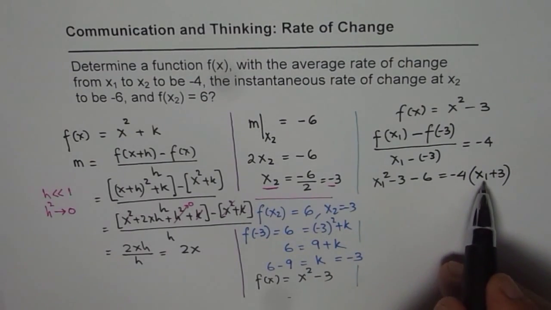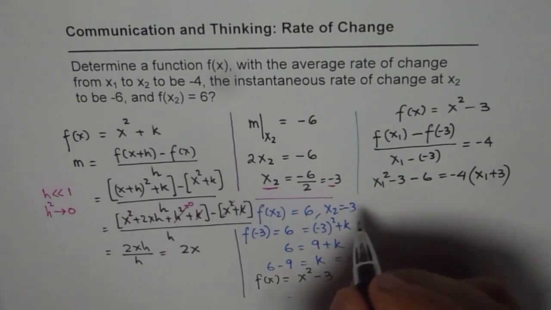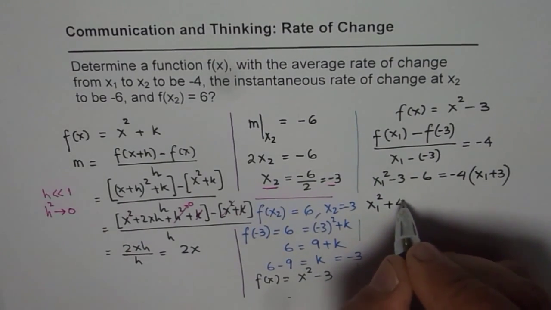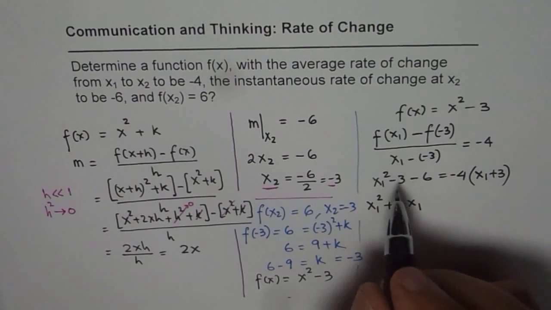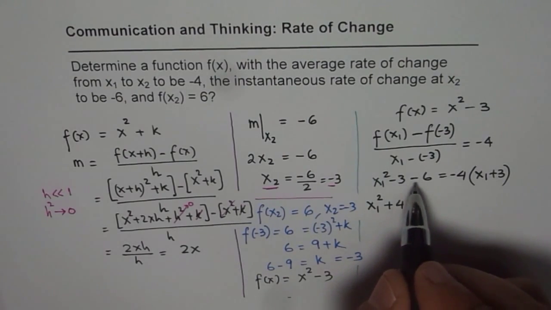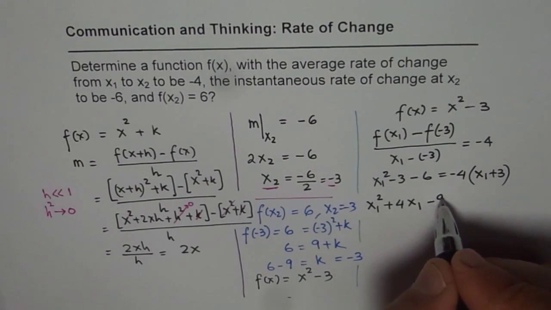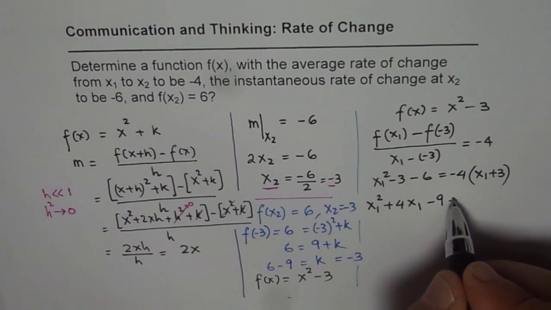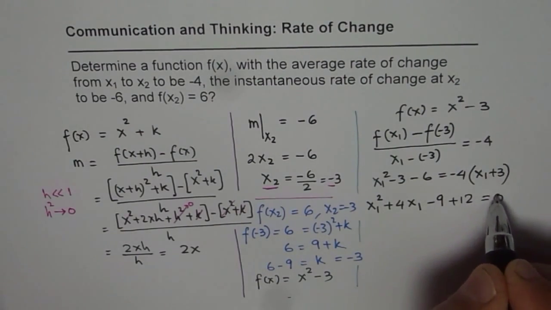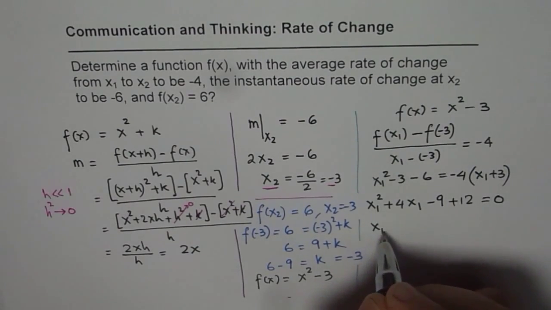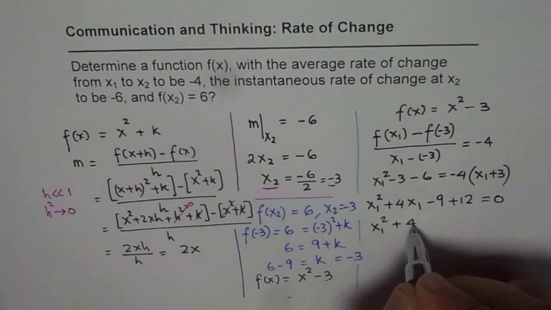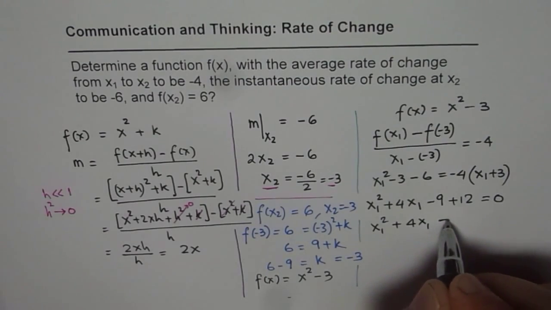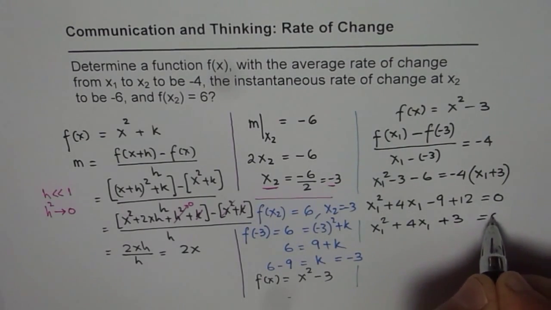Now we can solve for x1, right? Bringing it to the left, we get x1 squared plus 4 times x1, minus 3 minus 6 is minus 9, and minus 4 times 3 is minus 12. When it comes here, it becomes plus 12 equals 0, right? So that gives us x1 squared plus 4x1, and here we have plus 3 equals 0.